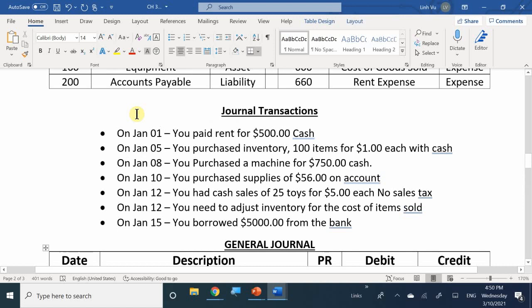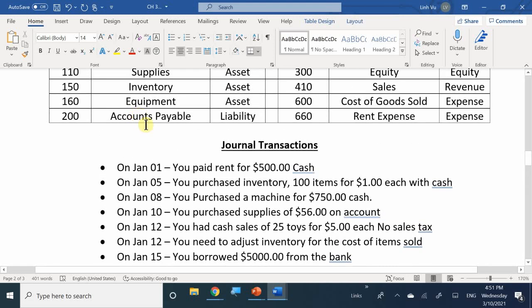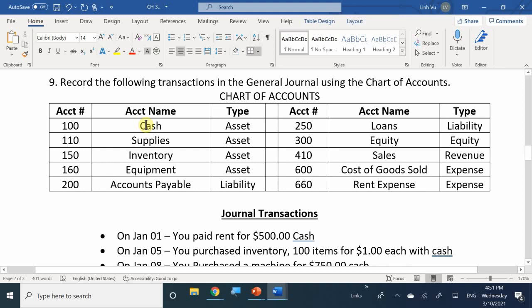So again, we're almost done here. Now, once again, on January 12th, you need to adjust inventory for the cost of items sold. So, what is that terminology when we need to cost the items that we sell? Not the reverse and reentry, okay?